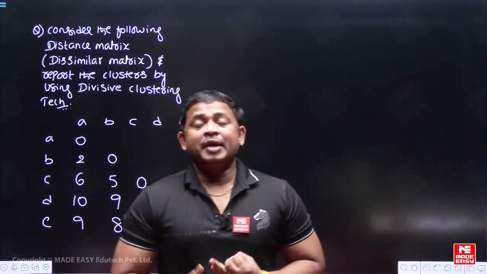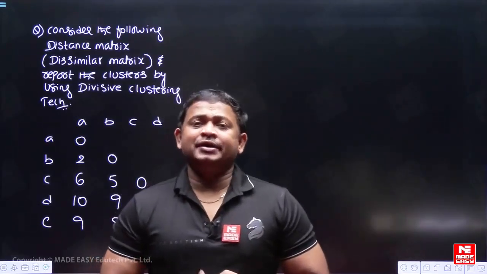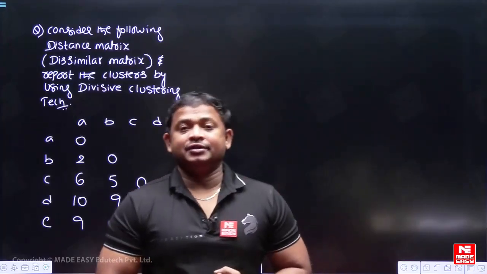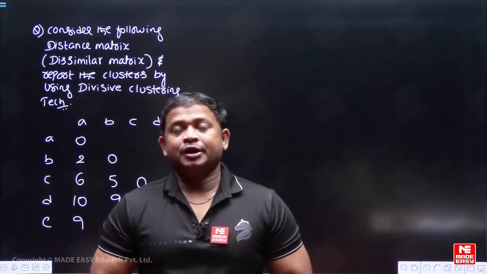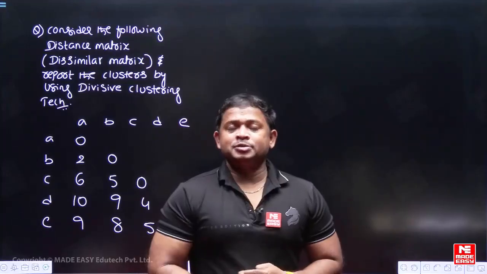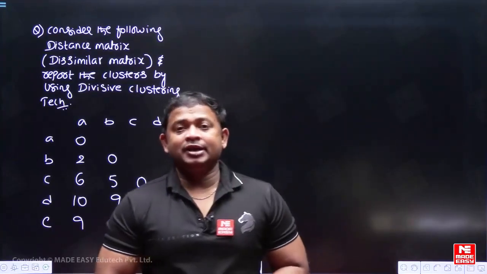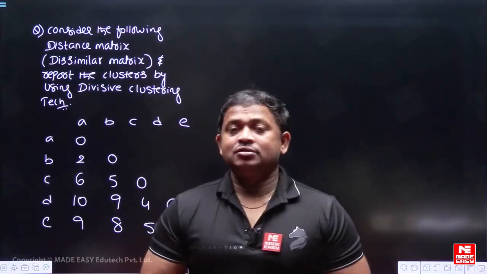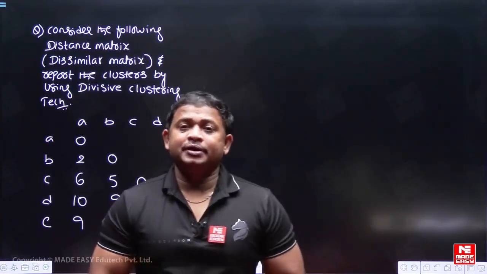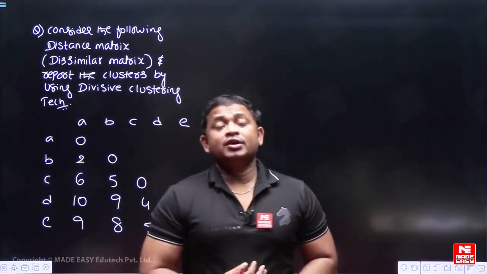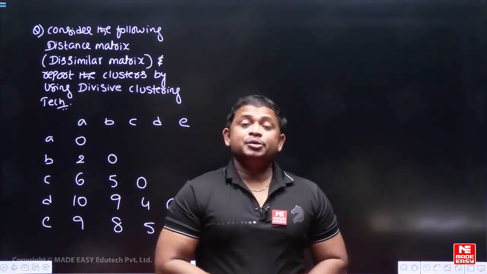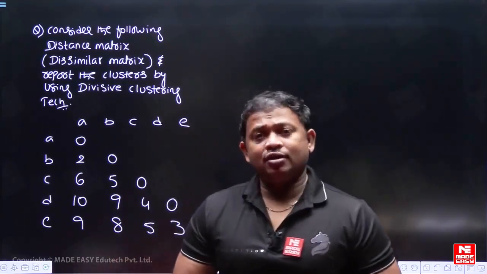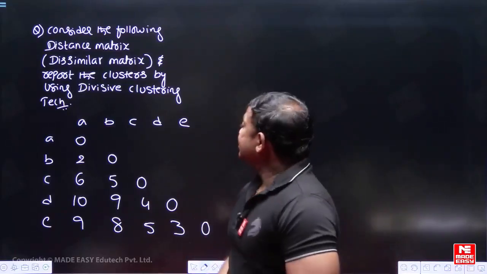The MST is a complete connected tree. Third, if we have n nodes, n minus 1 edges are present. These are the characteristics of a minimum spanning tree. Now we are going to construct the minimum spanning tree based on the given dissimilarity matrix. All of you follow that and do it fast.